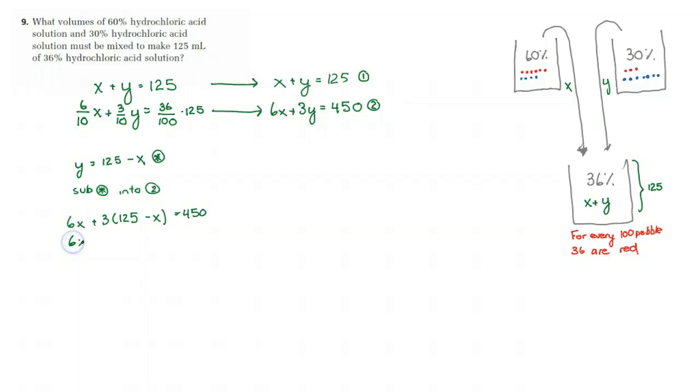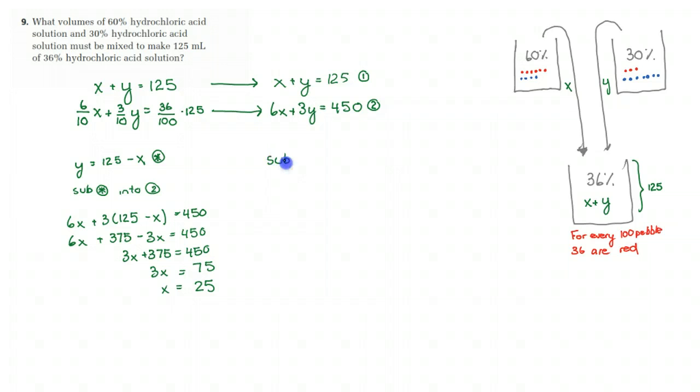This gives 6x plus 375 minus 3x equals 450, since 3 times 100 is 300 and 3 times 25 is 75. So 3x plus 375 equals 450, so 3x equals 450 minus 375, and x is equal to 25.